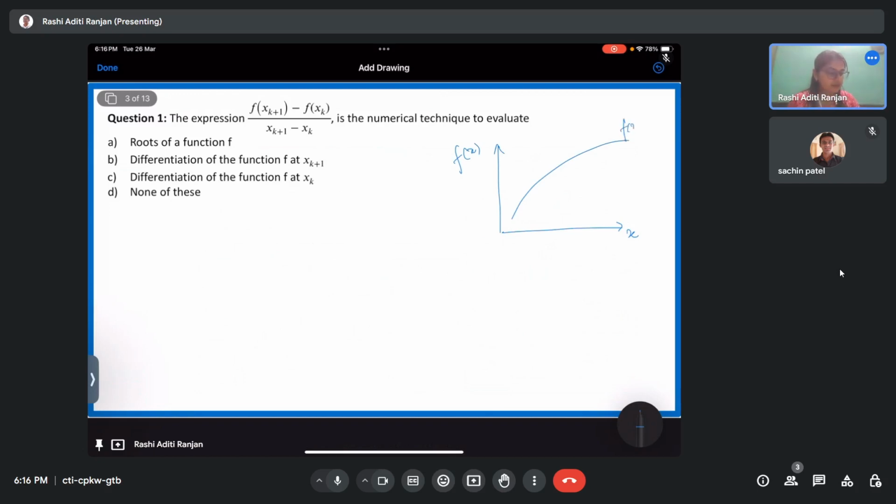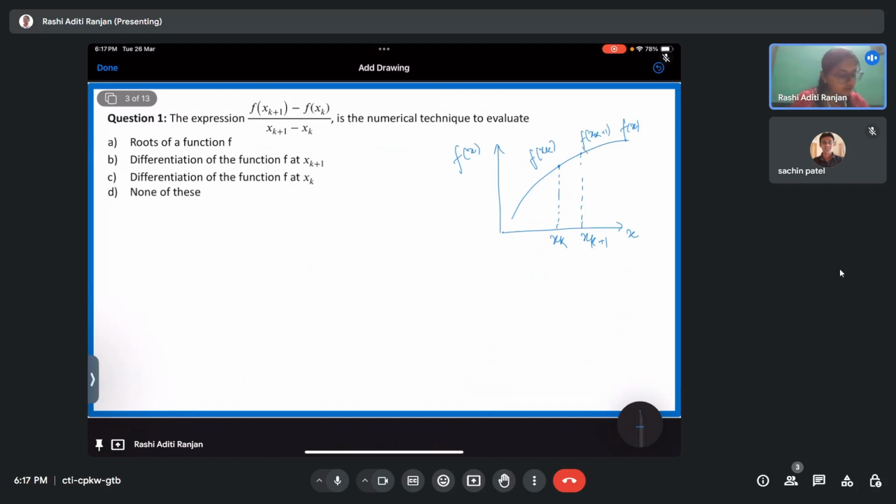and let us say that this is my curve f of x. If you see, it is actually talking about two points, xk and xk plus 1, which can be any arbitrary values. So let us suppose this is xk and this is xk plus 1. Corresponding to that, this will be f of xk and this is f of xk plus 1.